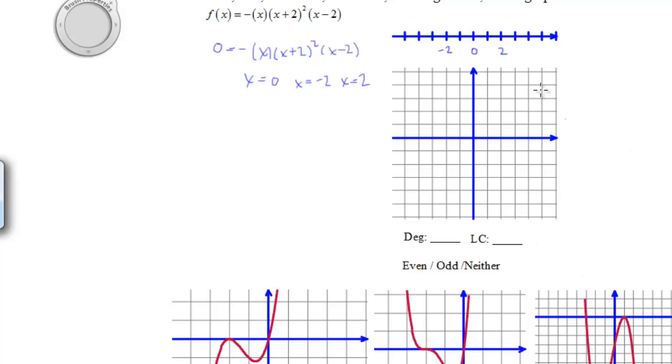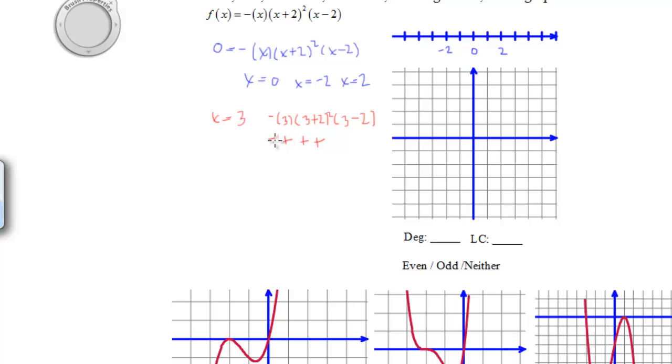So if you say pick +3, then you would get the opposite of 3, and 3 plus 2 squared, and 3 minus 2. And we have a negative, then the +3, then a +5 squared, which is positive, and 3 minus 2 is positive.